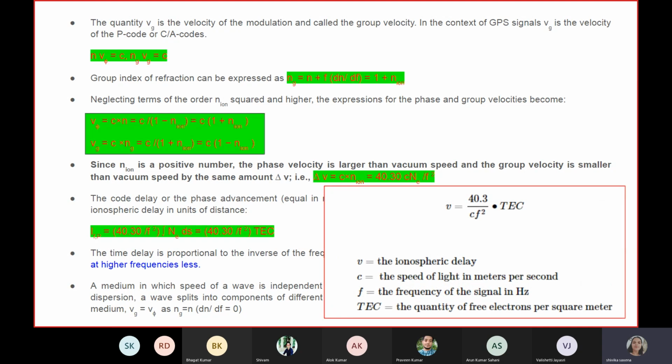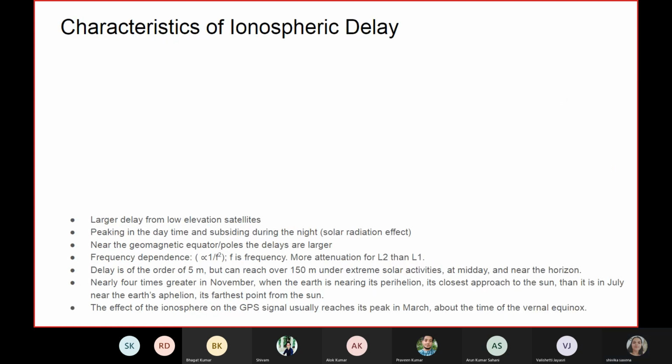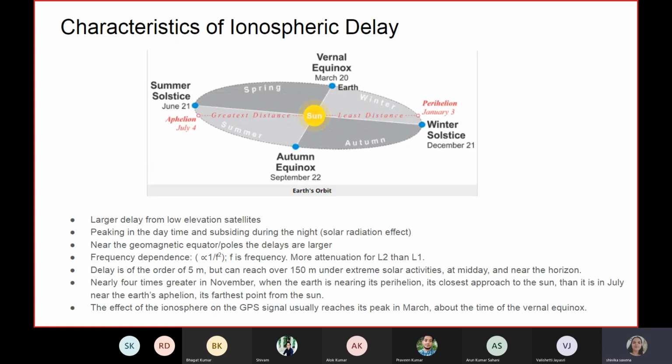This is the ionospheric delay, 40.3 upon f square into total electron count. What are the characteristics of this delay? It is larger for lower elevation satellites. It peaks during the daytime, it subsides during the night because of the solar radiation effect.